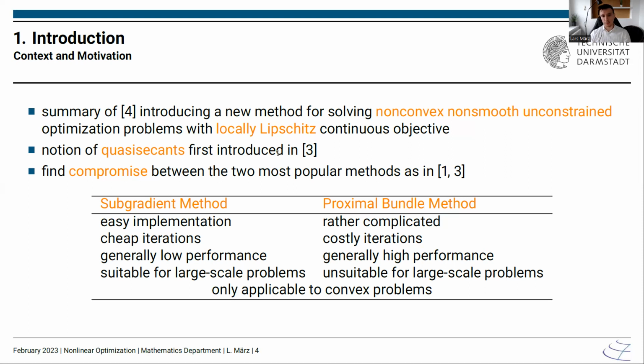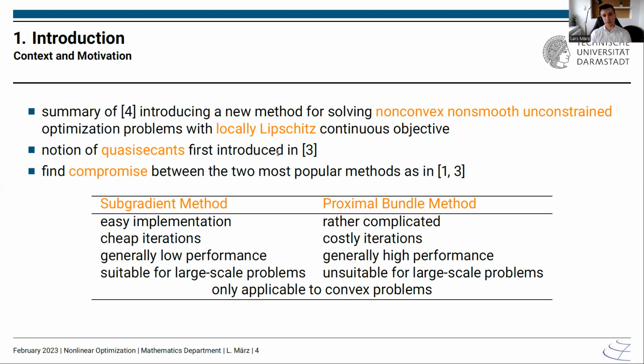But it's only applicable to convex problems, just like the bundle method, which builds up a model of the objective function consisting of hyperplanes, and then this model is minimized and gets improved as you iterate.